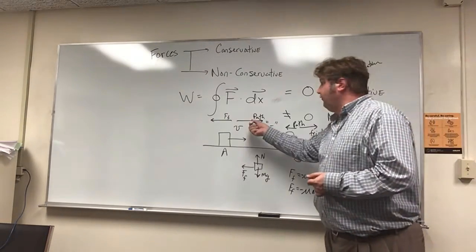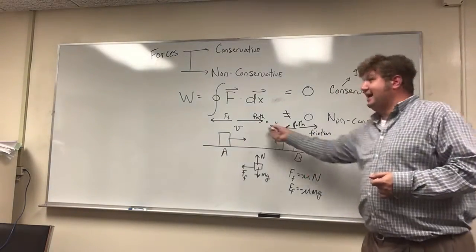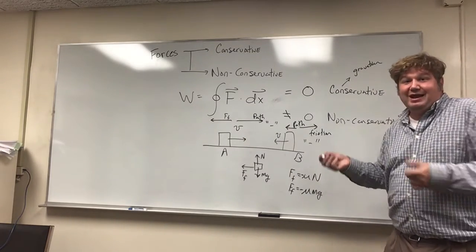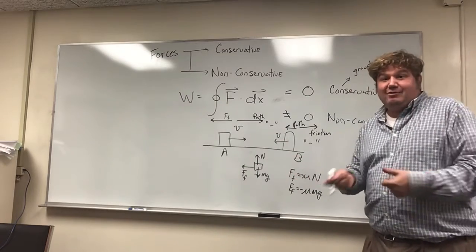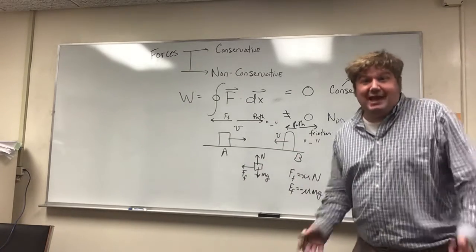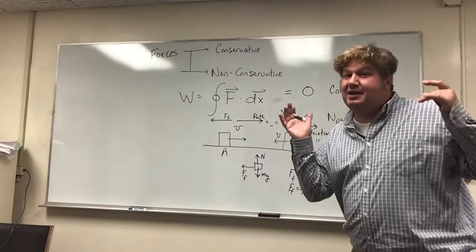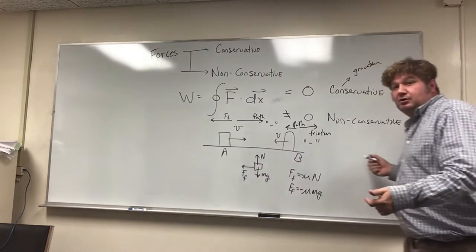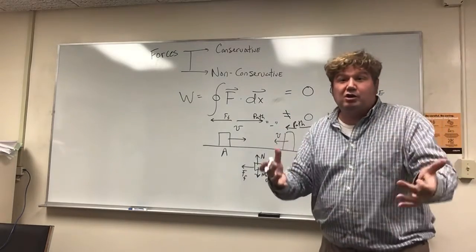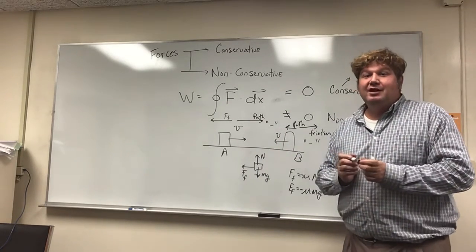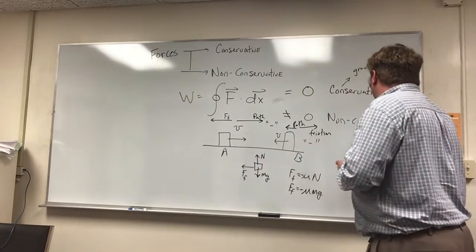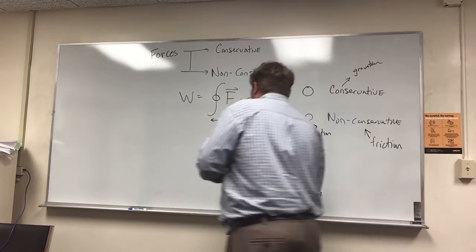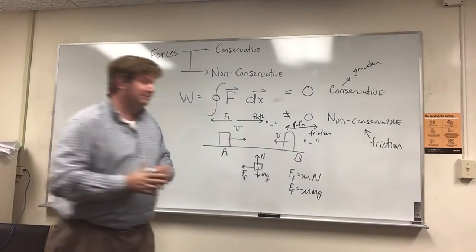When I add the friction from going from A to B, I get a negative, and when I add the friction from B to A, I get a negative. And these are non-zero numbers, so the total amount of work has got to be negative. A negative plus a negative gives me a negative. And so the farther it goes, the more work friction is doing. Friction depends on the path. Cool beans? All right.